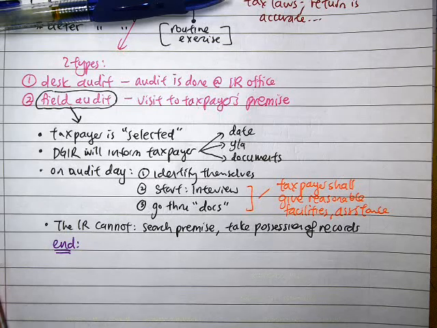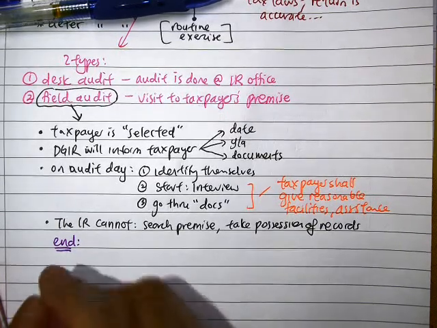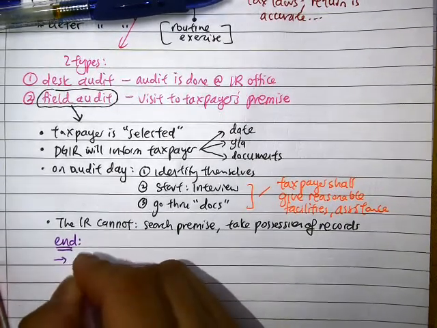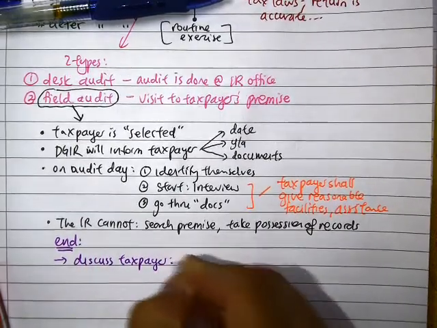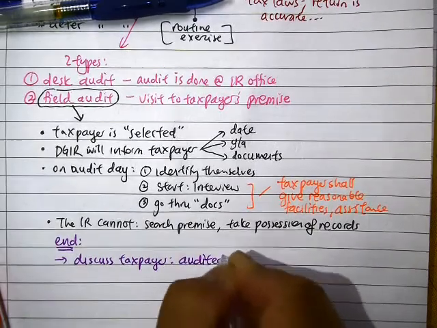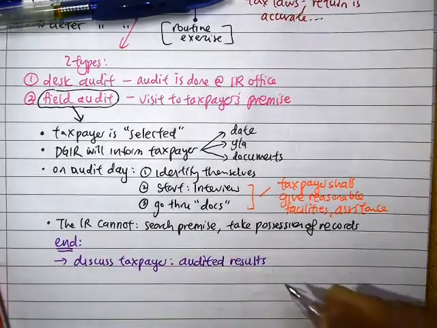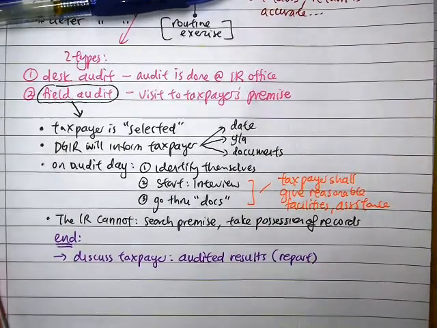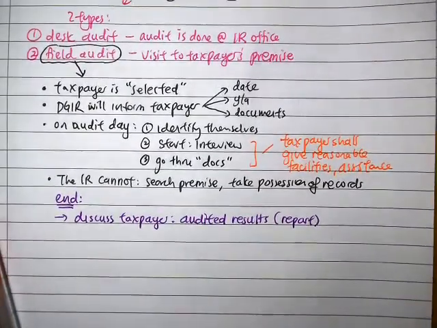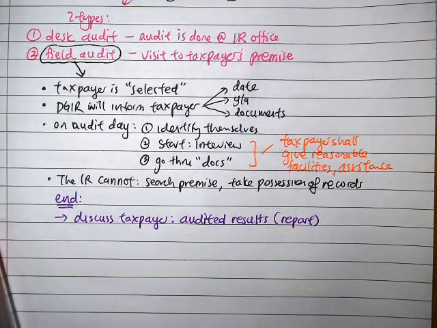Now, at the end, when this audit is considered done, they will discuss with the taxpayer and show you the audited result, a report. They'll tell you, for example, these expenses you cannot claim, we don't agree and stuff like that.